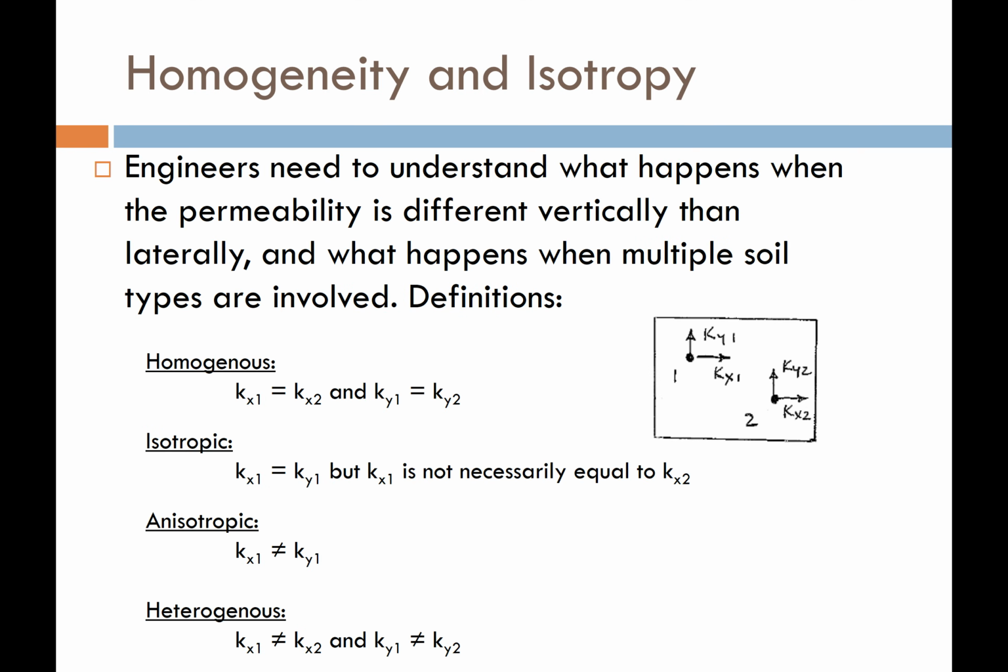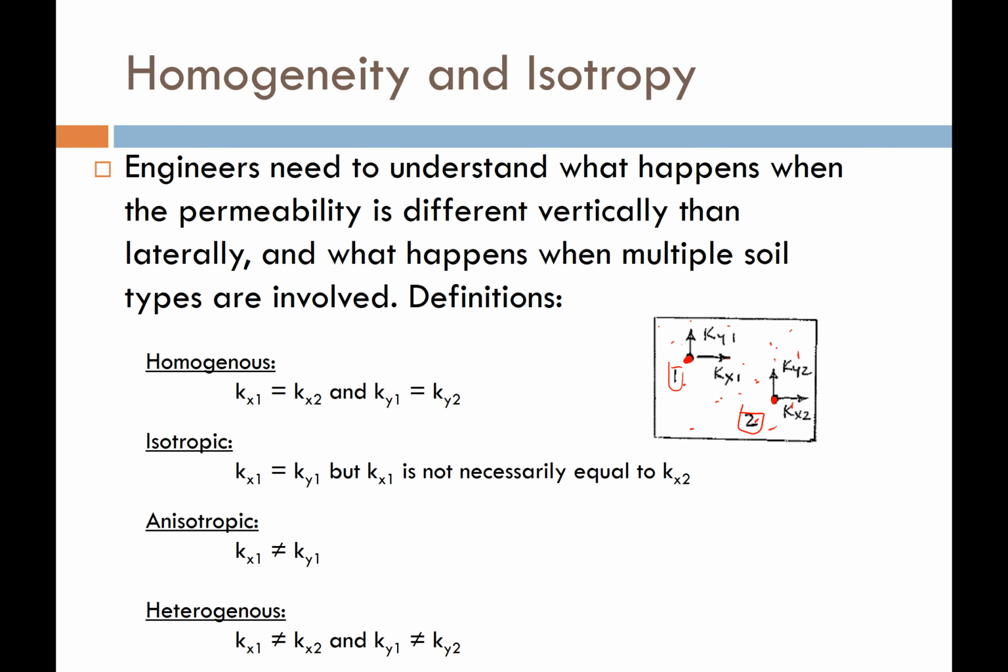I want to spend just a little bit of time, we're almost finished, talking about the differences between conductivities in two different points. So imagine I have soil. I have lots of soil here, and I have two unique points, point number 1 and point number 2.